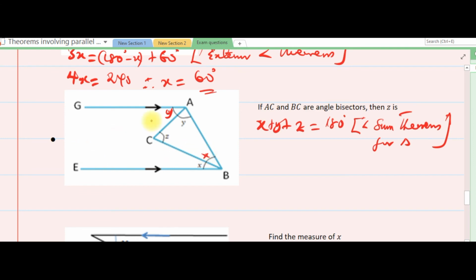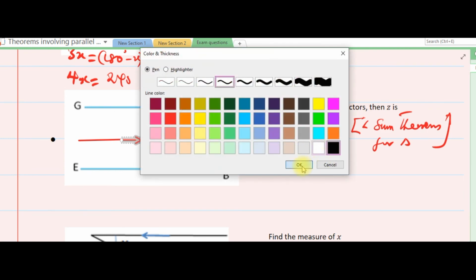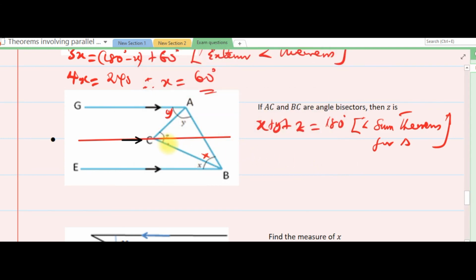Again, if I draw an auxiliary line, a line parallel to that, you notice that here is y, by corresponding, alternate angle theorem, and also here is x. Do you see? So z must be equal to x plus y from the diagram.